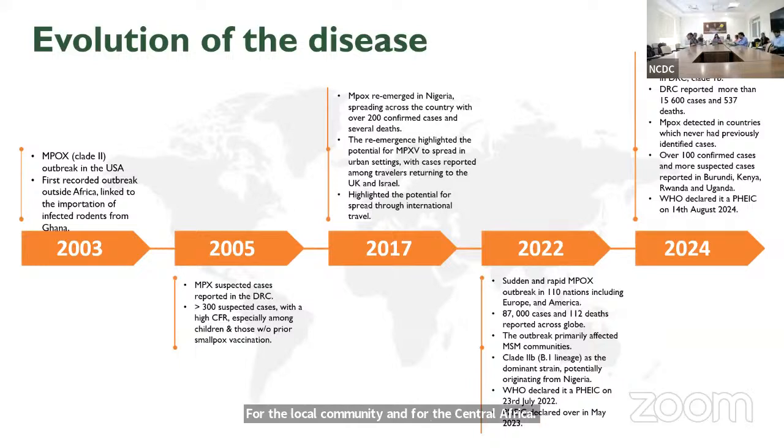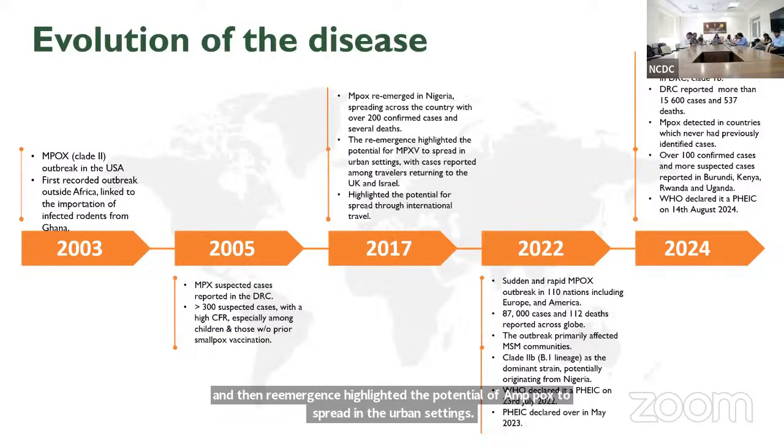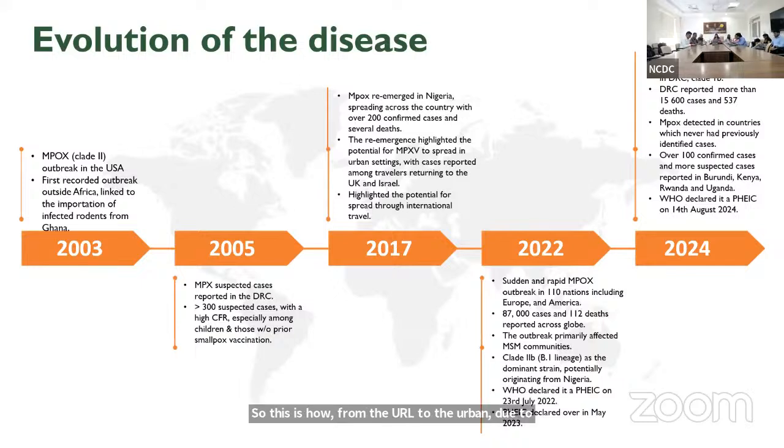And then in 2017, monkeypox re-emerged in Nigeria with 200 confirmed cases, and several deaths happened. This re-emergence highlighted the potential of Mpox to spread in urban settings. So this is how it moved from rural to urban, due to various risk behaviors among those African communities.